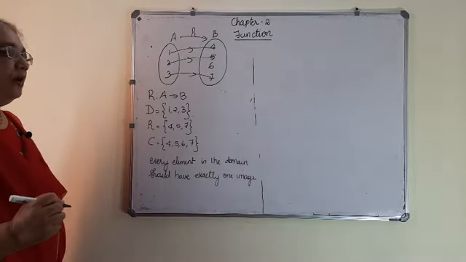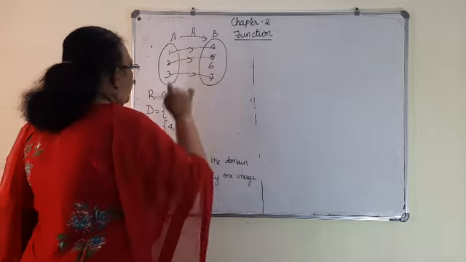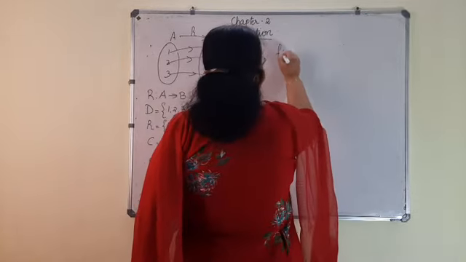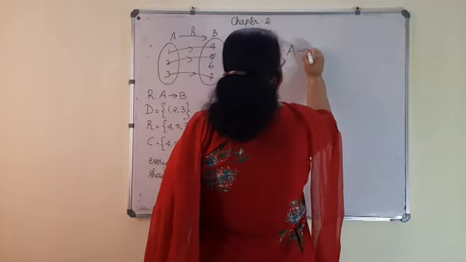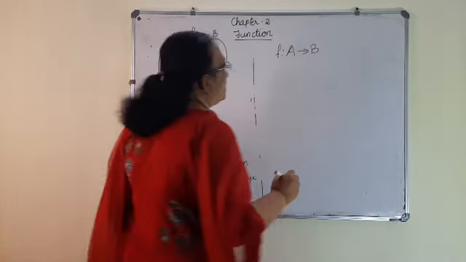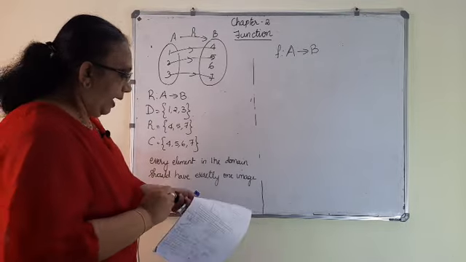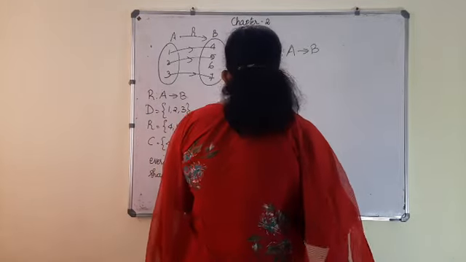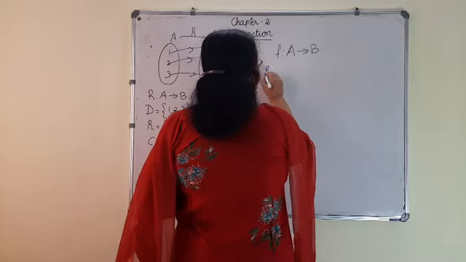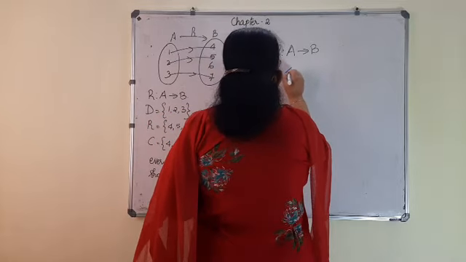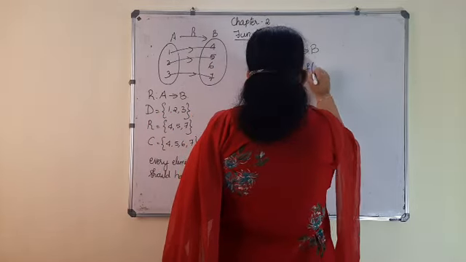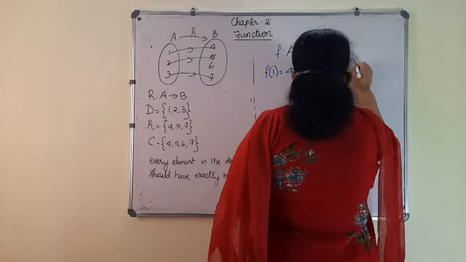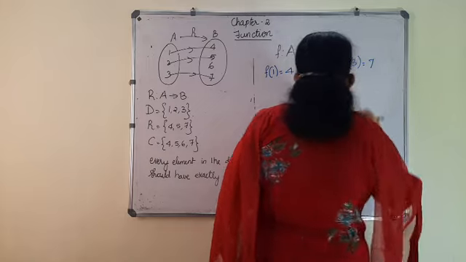So this is a function, and it is denoted as f is a function from A to B: f of 1 is equal to 4, f of 2 is equal to 5, f of 3 is equal to 7.